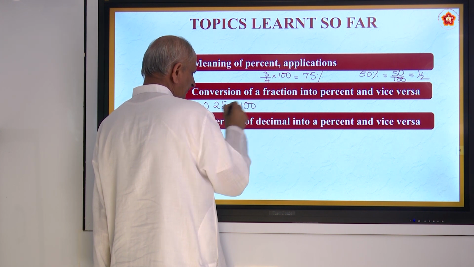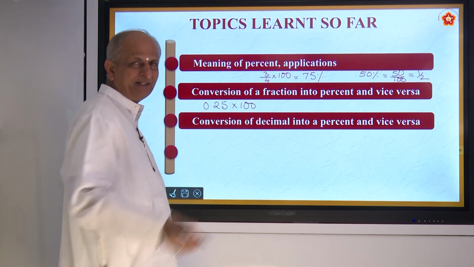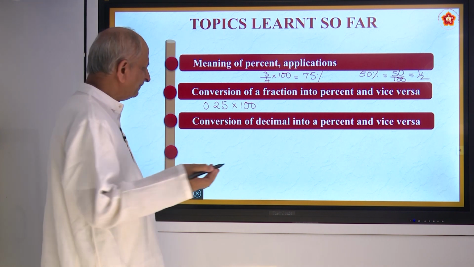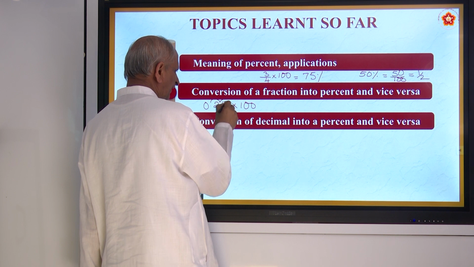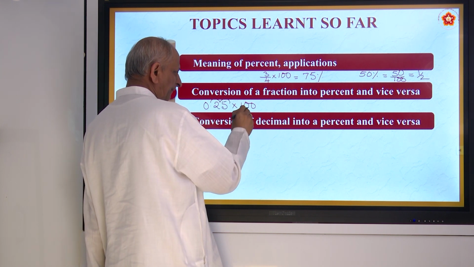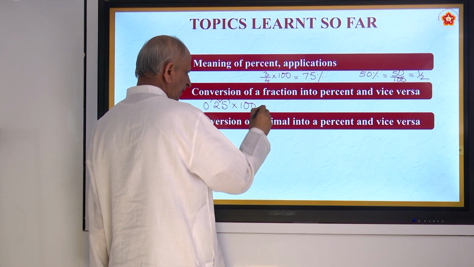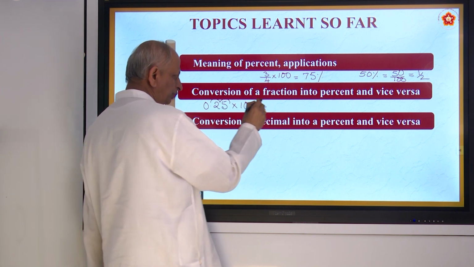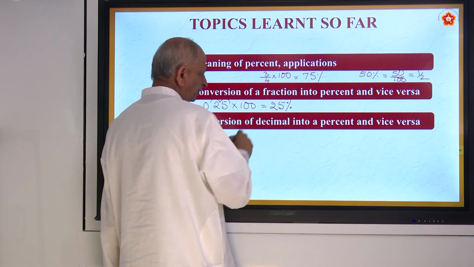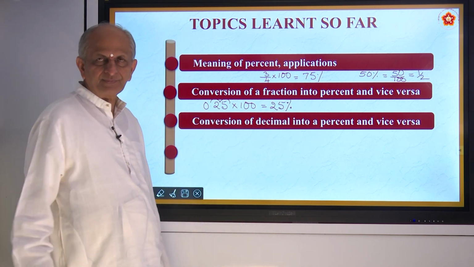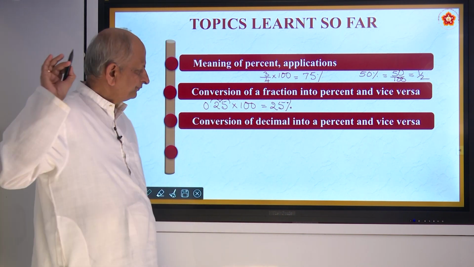You can do it by two methods. You can convert it to a fraction and then multiply by 100, or I can directly multiply by 100. Move the point to the right side, depending on the number of zeros. Here there are two zeros, so move right two places. So it will be 25%. Whatever decimal is given, multiply by 100.